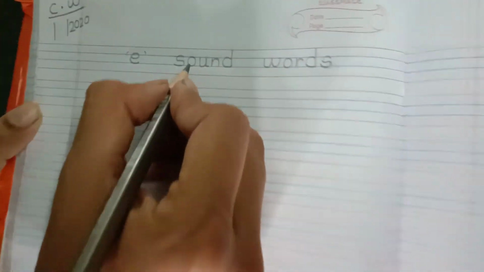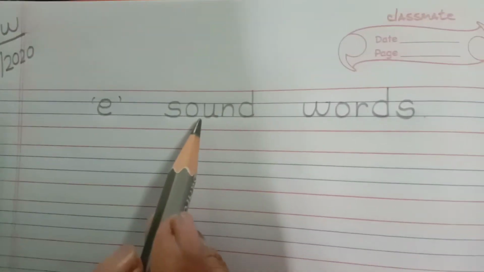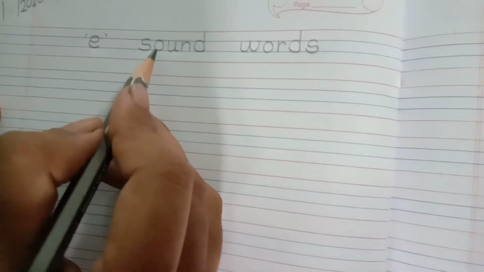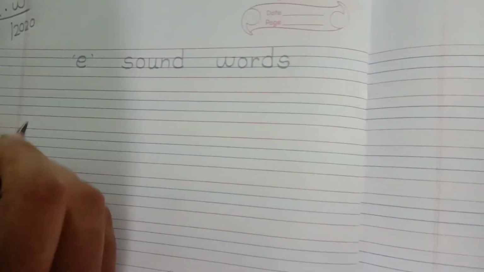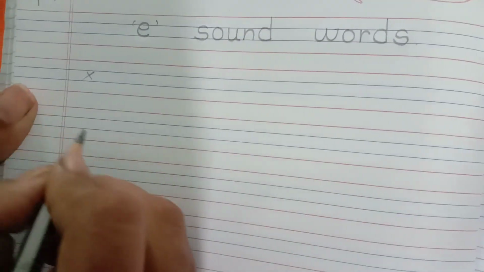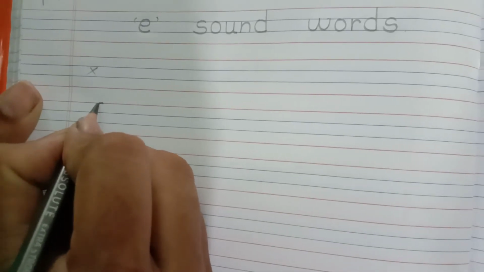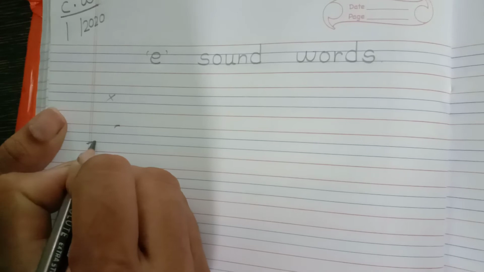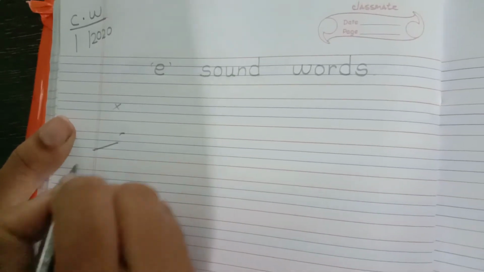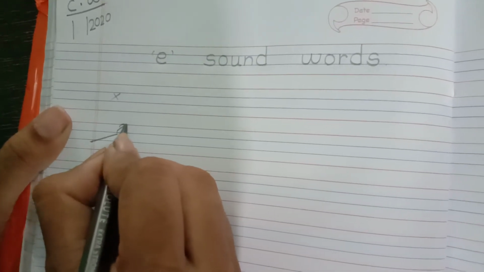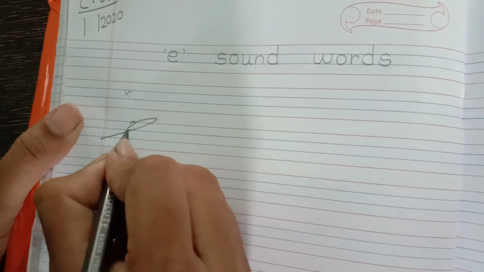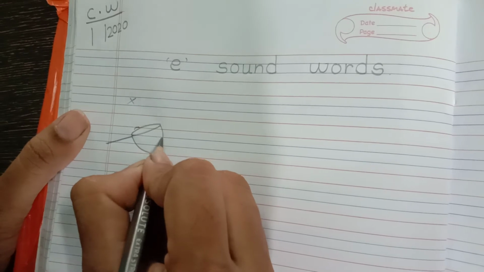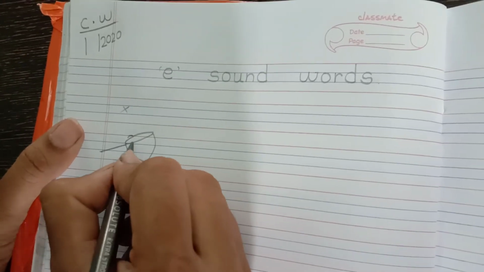Look here student, my alphabets are properly on the proper line. Okay, so your alphabet should not go out of the line. So skip the next line, draw from the first line, that is the picture of net. Draw one slanting line, then one oval like this.